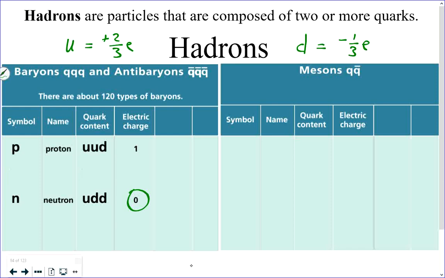And if you take 2/3 and add 2 times negative 1/3, which means you have an up, down, down, you'll get nothing. The only way to get positive 1 is to have 2 of these up quarks, which gives you positive 4/3, and you take negative 1/3 and you add it to that, and you're left with 3/3.